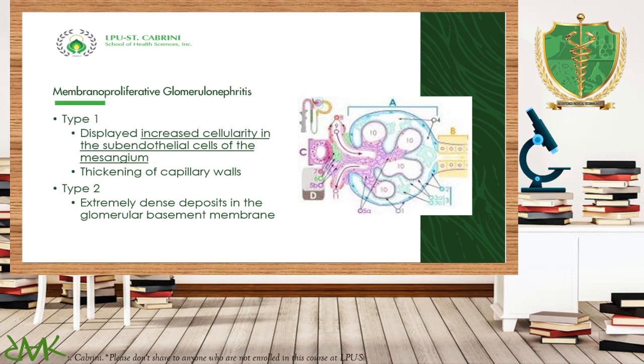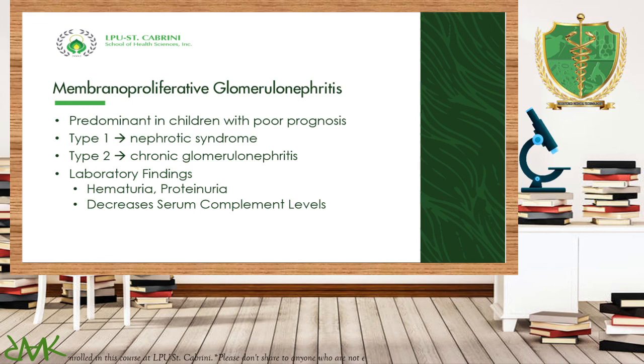Okay. What is this mesangium? That is the interstitial area of the glomerulus. Type 1 may have a thickening of the capillary walls. Remember, guys, that membranoproliferative glomerulonephritis is predominant in children, however, sad to say, with a poor prognosis.